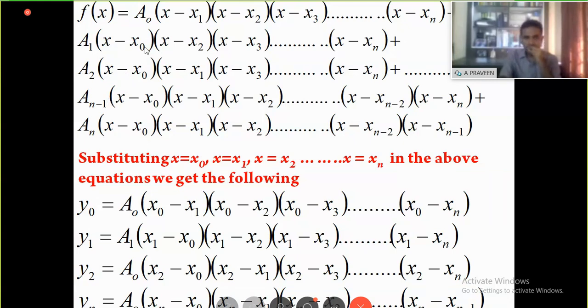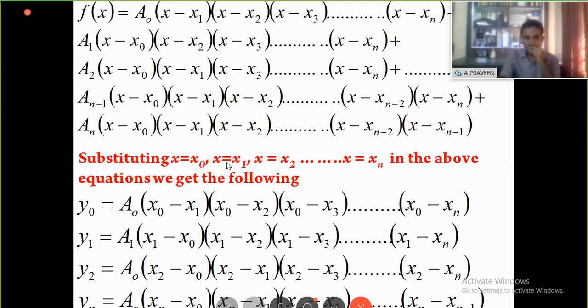So you can say that if I drop x0 into this whole function, my f of x0 is definitely y0. y0 will be equal to a naught times x0 minus x1, x0 minus x2, and likewise it goes. So only the first coefficient series will remain in this function. This will be the first thing which I get.